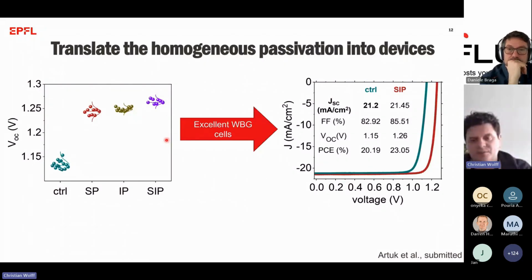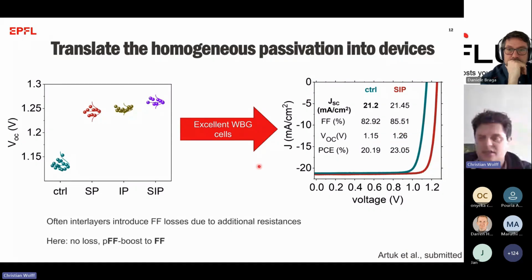But with this surface and interface passivation, we were able to effectively harness the fact that the molecules that we bind onto the surface are sitting such that they are creating a direct pi-pi stacking with the C60, and so there is virtually no transport loss, as you can see here from the in fact enhanced fill factor. The reason for the enhancement of the fill factor is yet again a reduction in recombination, where we then benefit from the pseudo fill factor boost to the fill factor directly.